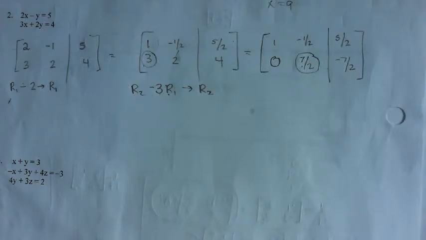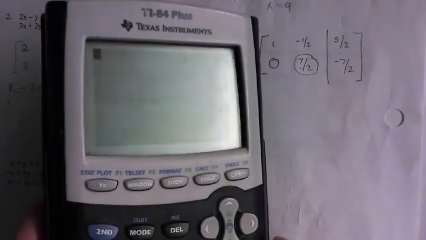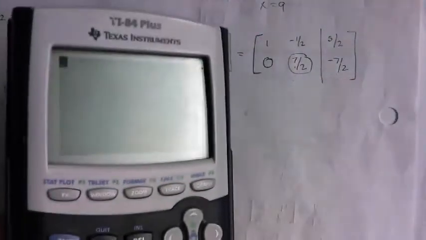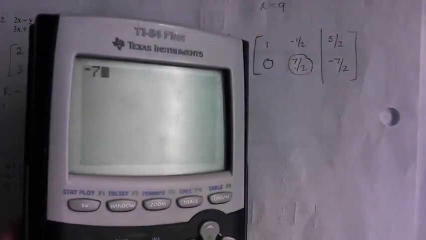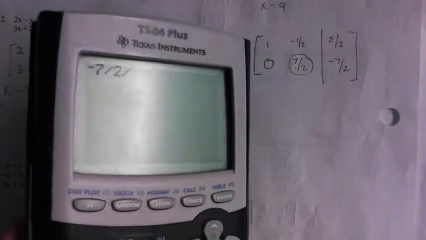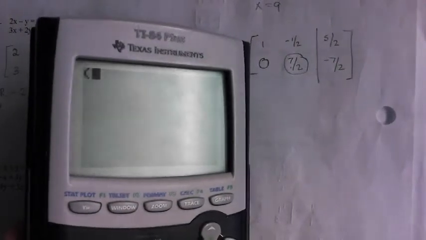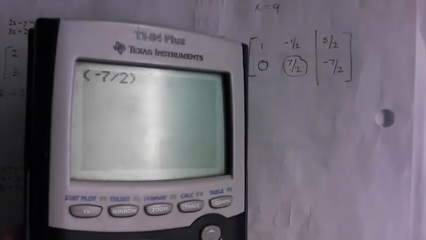I probably would steer clear of dividing by 7/2 unless you're absolutely positive on your calculator. For example, when you get to this one, negative 7/2 divided by 7/2 is not going to give me the right answer. Because you're dealing with fractions, you have to keep each fraction in parentheses.